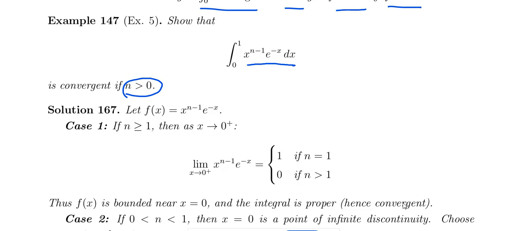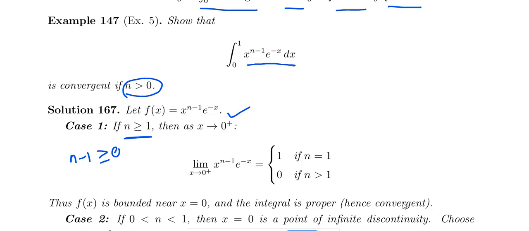Now n is greater than 0 means it is positive. Take f of x equal to x power n minus 1 with n greater than or equal to 1, that is n minus 1 greater than or equal to 0.